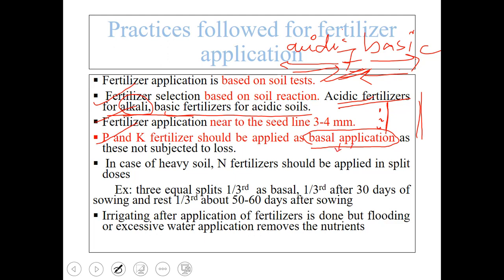Basal application means fertilizers are applied in the soil before sowing. These P and K should be applied before sowing only, because they are not subjected to loss like nitrogen. Nitrogen has many losses, unlike P and K. That is why we can apply the entire amount of P and K before sowing.